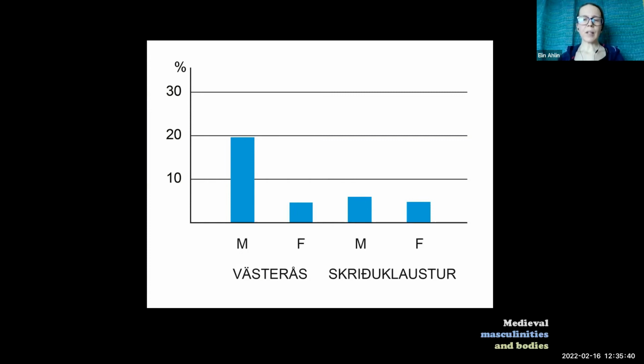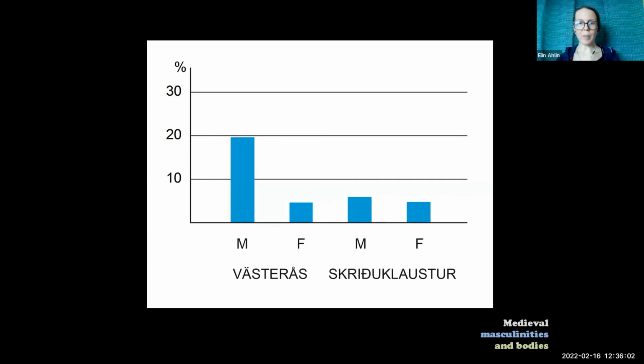While in Västerås, the females are still not very common to have injuries, but among males, 20% of the individuals almost had some type of healed or unhealed weapon-related trauma. So this shows that there was definitely some difference between different groups of males.